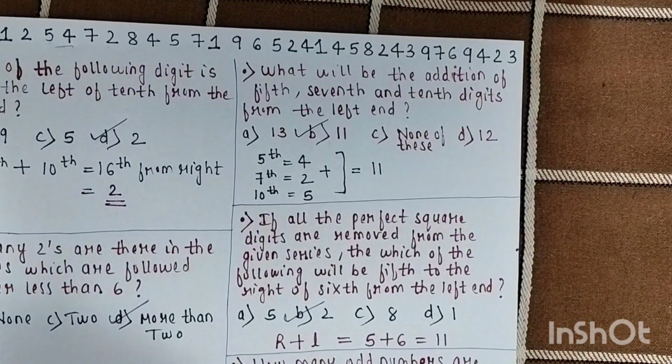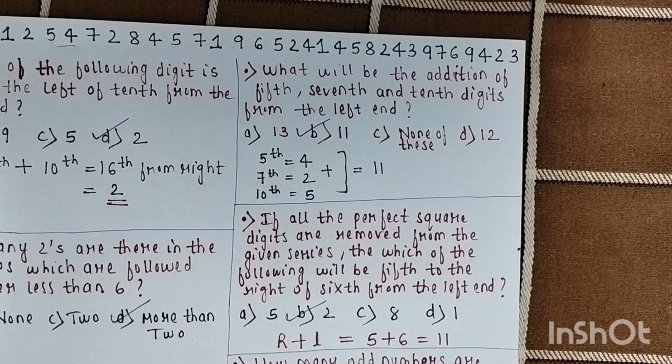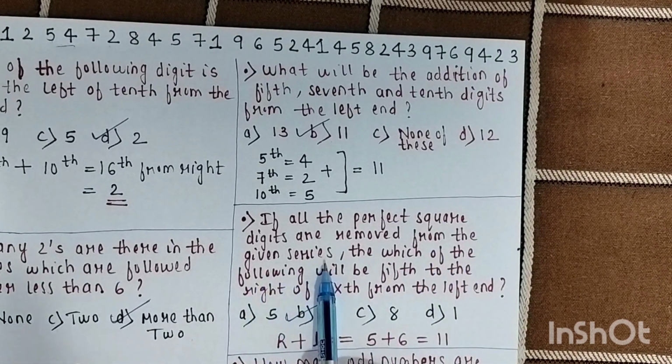If all the perfect square digits are removed from the given series, then which of the following will be the fifth to the right of sixth from the left end? What are perfect squares? 25 is the square of 5. 36 is the square of 6.